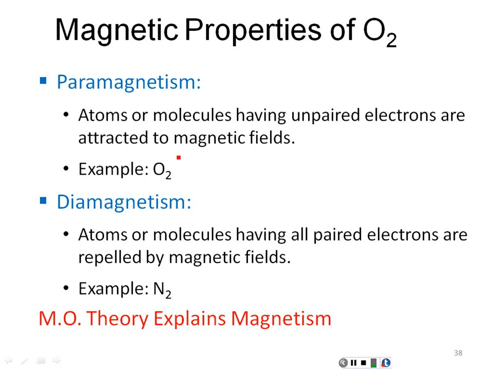As we've discussed, O2 is an example of a paramagnetic molecule. N2 is an example of a diamagnetic molecule. So valence bond theory doesn't explain this. That's where this new theory, molecular orbital theory, does a very good job at explaining these characteristics, the magnetic characteristics of molecules.